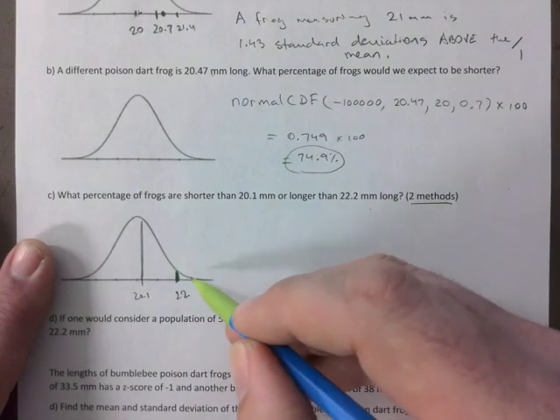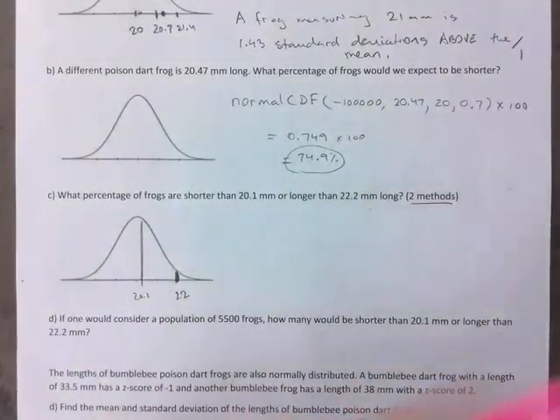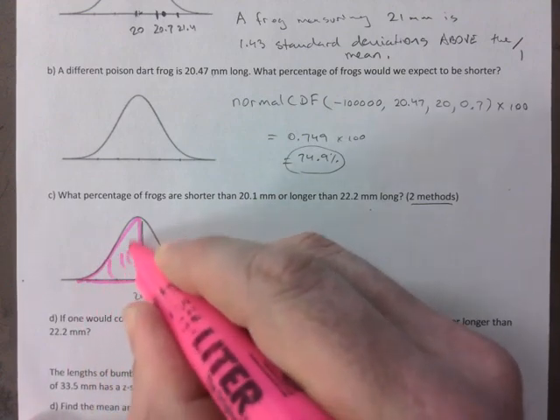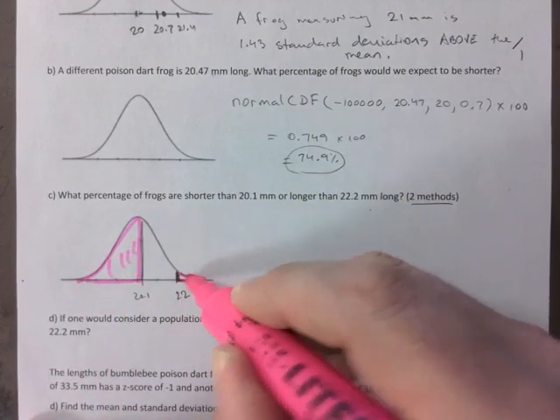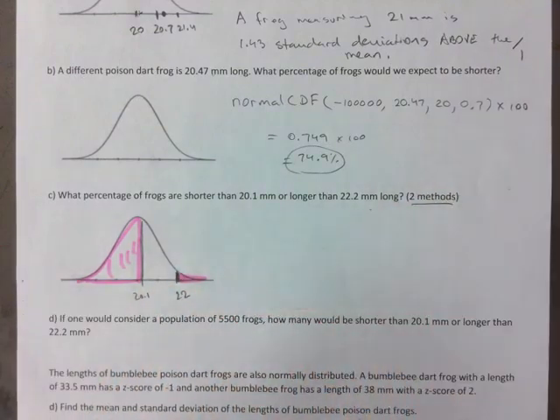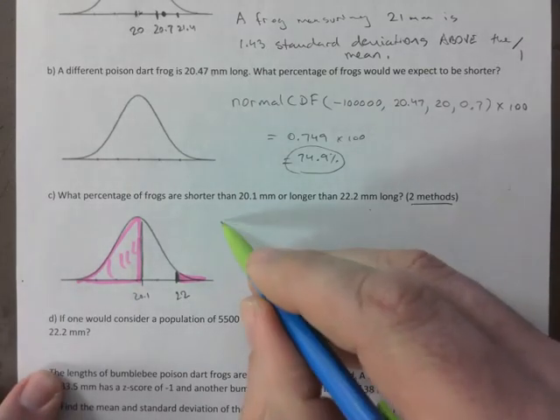Can you see that? So we kind of want to know this and this, right? So frogs that are shorter than this or longer than that, that's what we want to know.